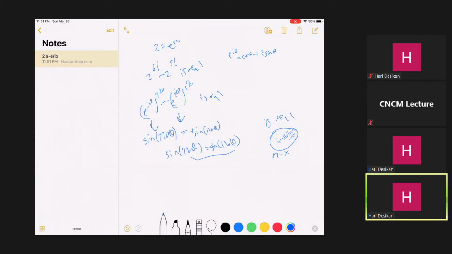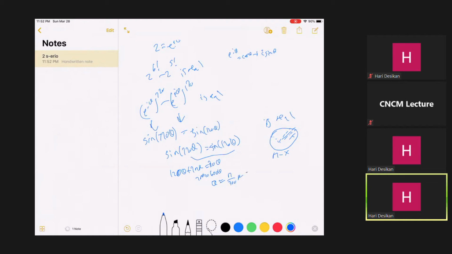So if they're the same angle, then 120 theta plus 2 pi k equals 720 theta, which means we have that 600 theta equals 2 pi k, or that theta equals pi over 300 k.